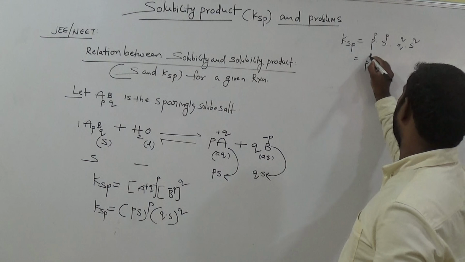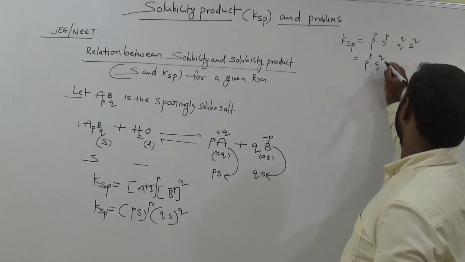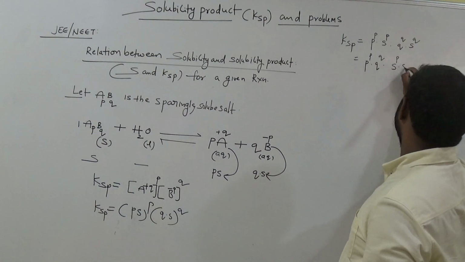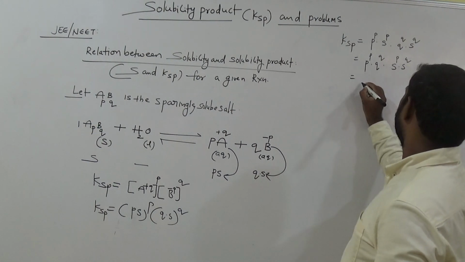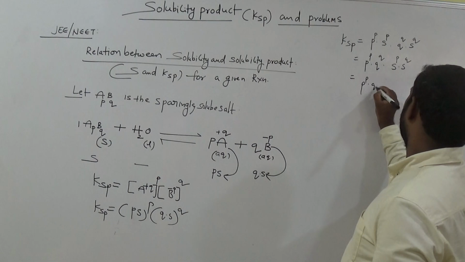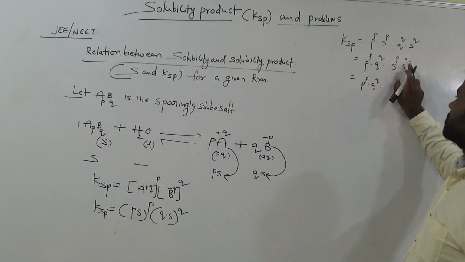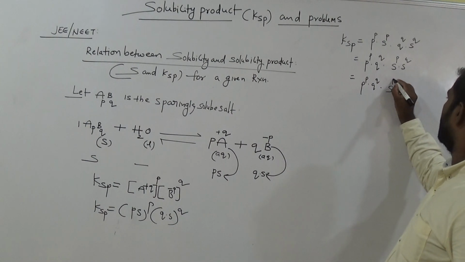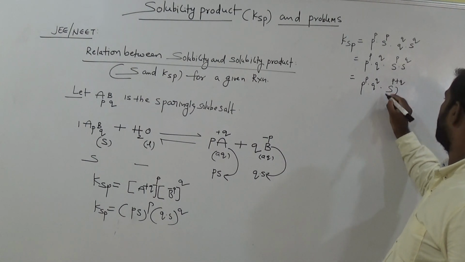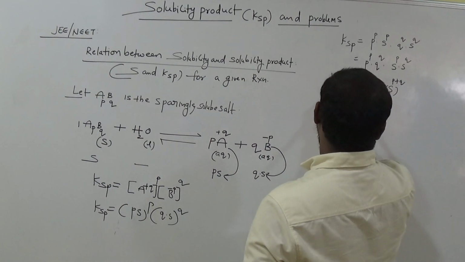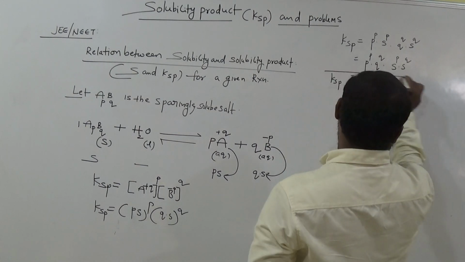From this, P power P, Q power Q, and S power P into S power Q. Bases are equal, so powers should be added. So S power P plus Q. Clear? So now what is the Ksp expression?